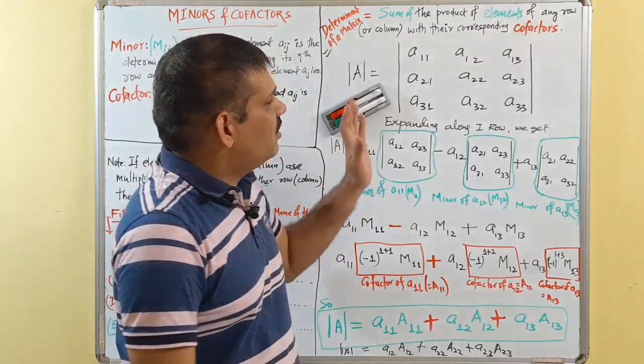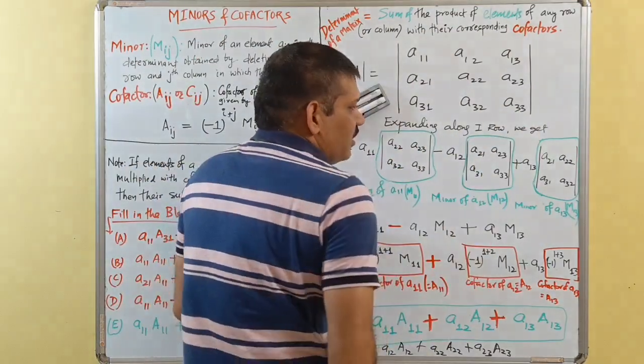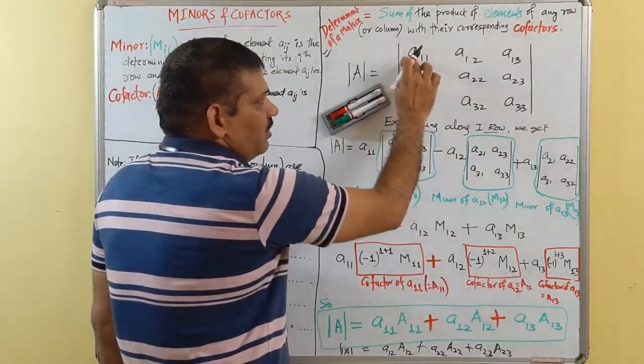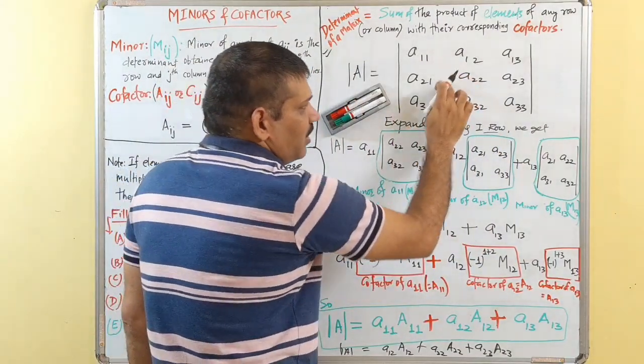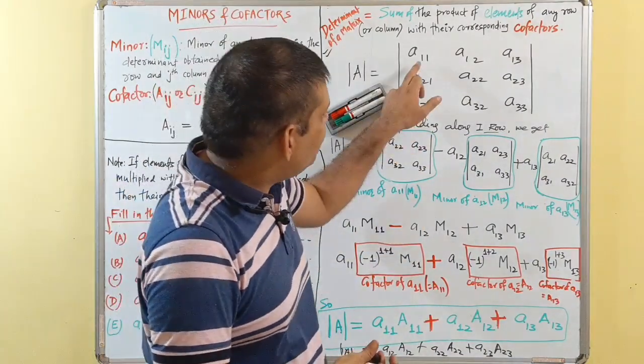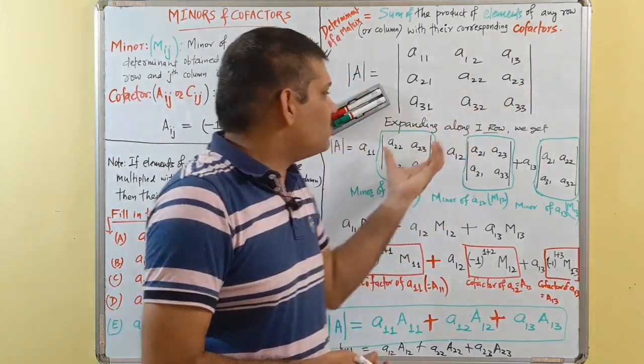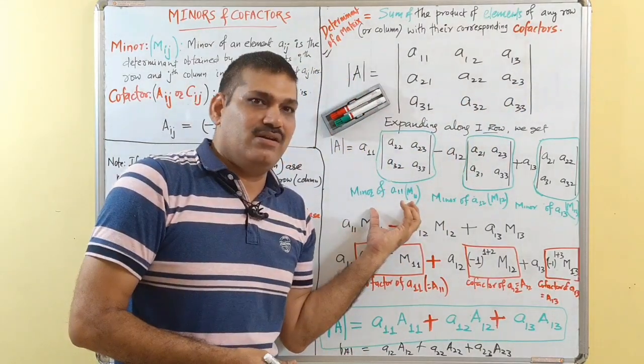Let's see the process. As we have done earlier, if I expand along row 1, A11 will be multiplied by the determinant obtained by deleting the first row and first column, and that determinant is known as the minor of that element.